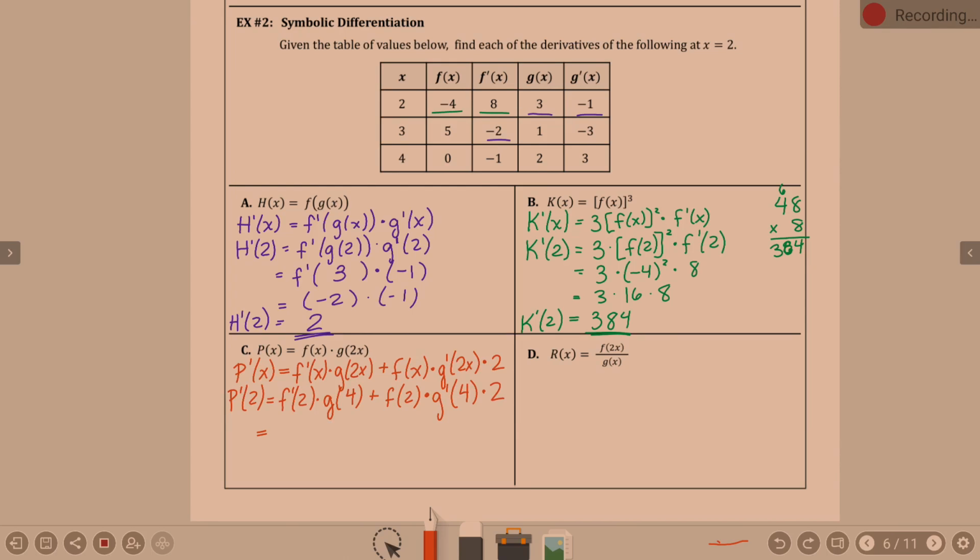Okay, f prime of 2, g of 4 plus f of 2 g prime of 4 times the 2 that's already there.